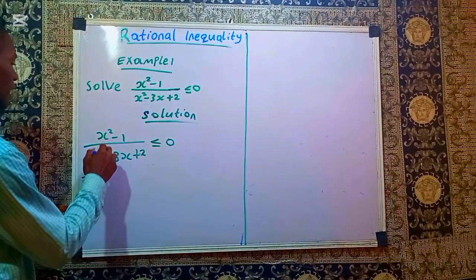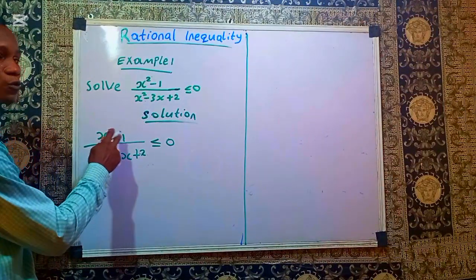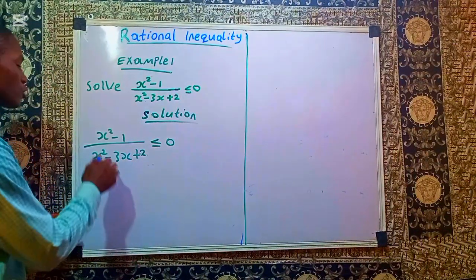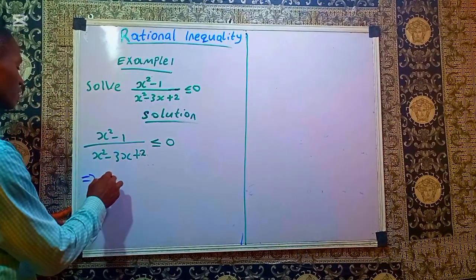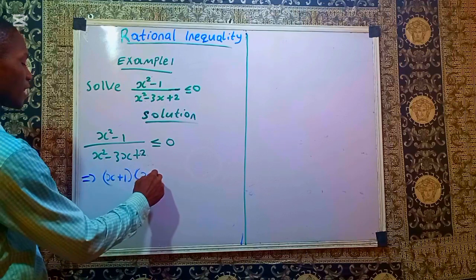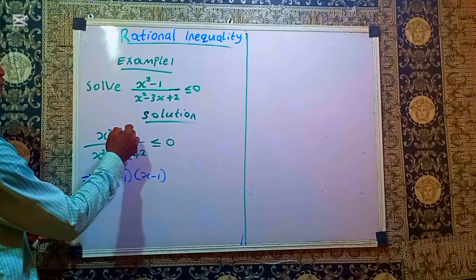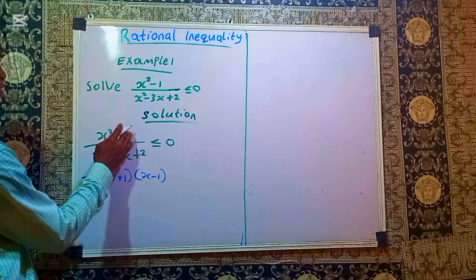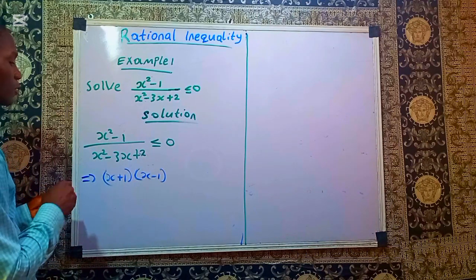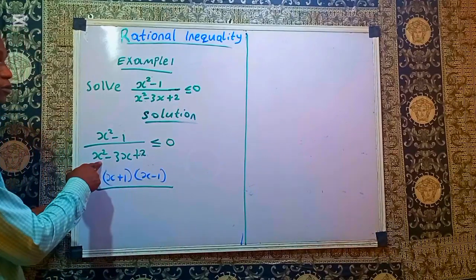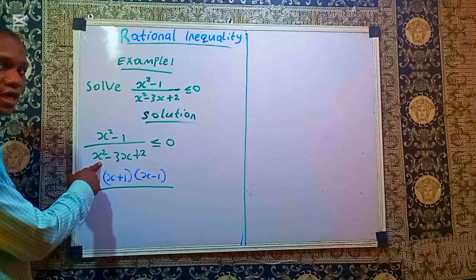So x squared minus 1, we use difference of two squares to factorize this. This gives us x plus 1 multiplying x minus 1, because we can write 1 as 1 squared. Okay, so we have factorized the numerator, then you factorize the denominator.